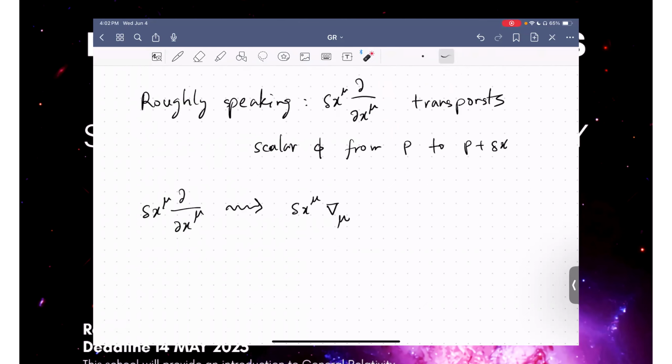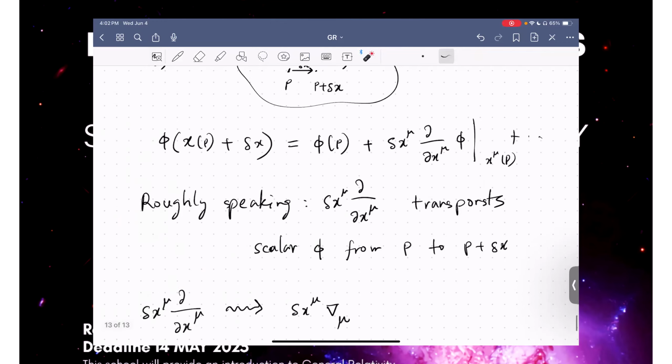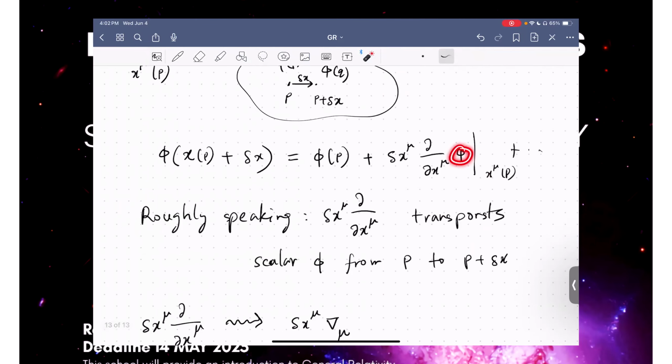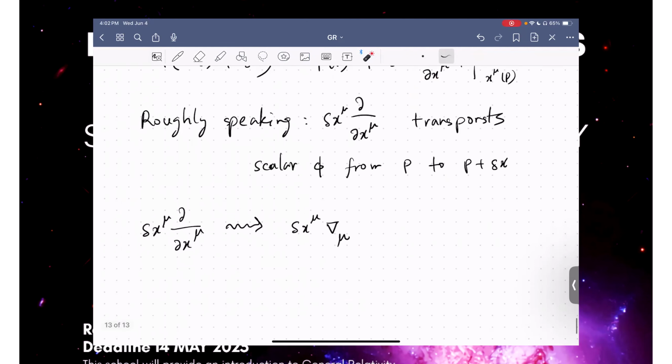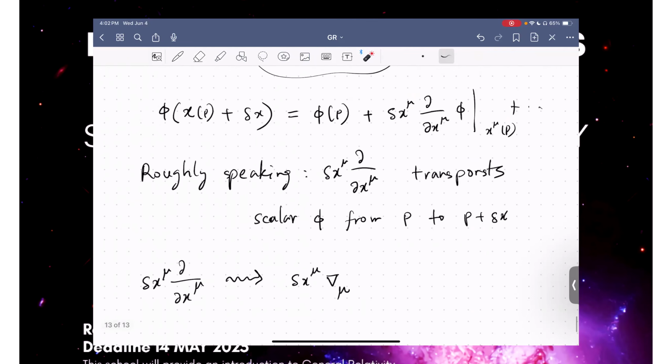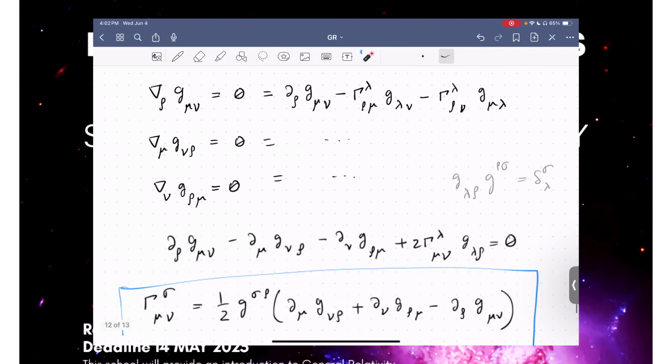Now, why is that? What was wrong with the partial derivative? Well, the problem is, if this is not a scalar, then this is not a vector or a tensor. And then this contraction does not transform nicely under coordinate transformation, which would be a problem. Because on a manifold, there is no unique coordinate. You can describe the same positions from the perspective of different coordinate charts.